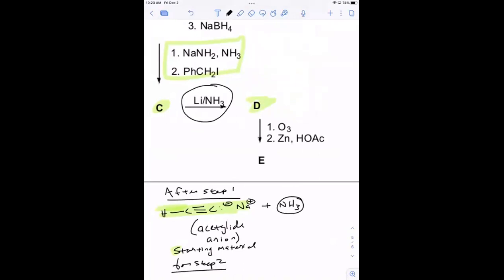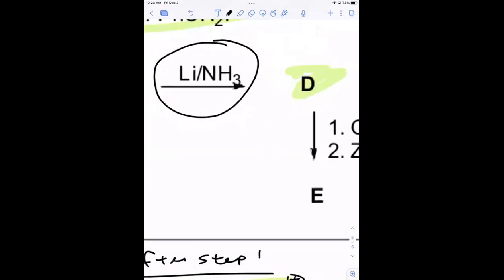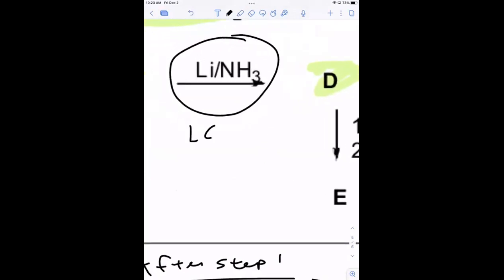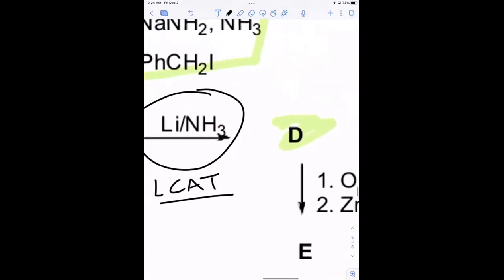What does this do to a triple bond? Lithium plus ammonia. I gave you a mnemonic for that too. What you see right here is a reduction method.